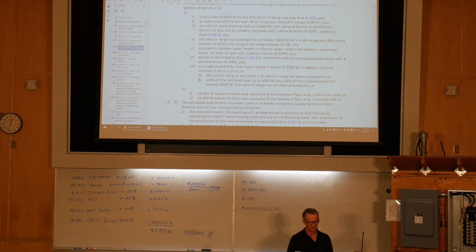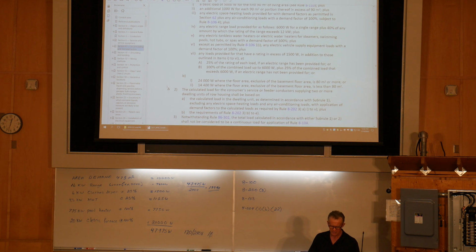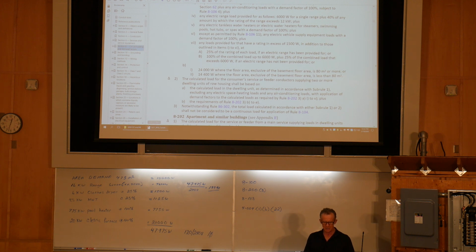Then when you come down to subrule 3, it says, notwithstanding rule 8-104 subrule 3, the total calculated load in accordance with either 8-200 subrule 1 or 2 shall not be considered to be a continuous load for the application of 8-104.